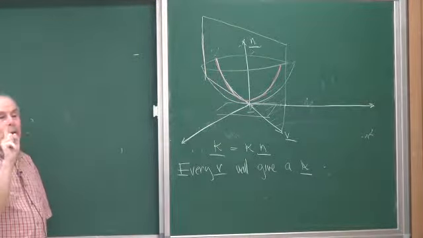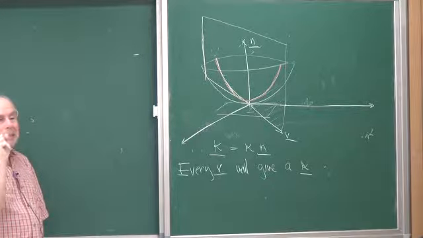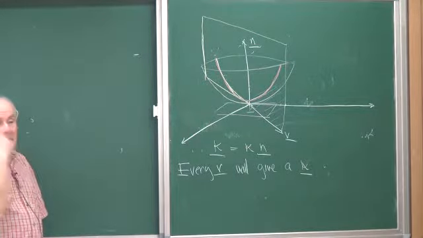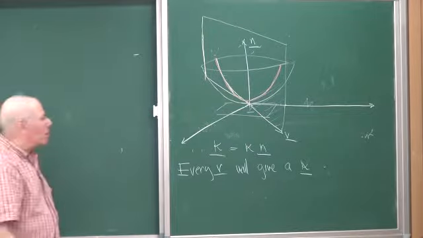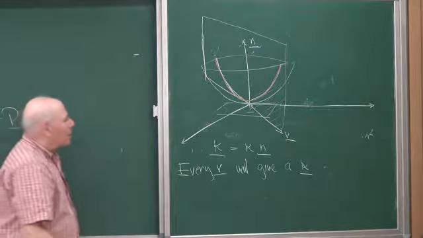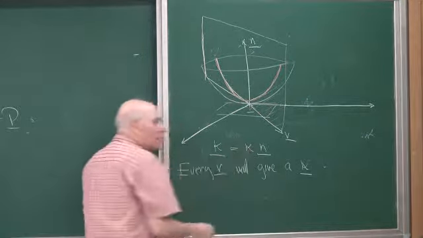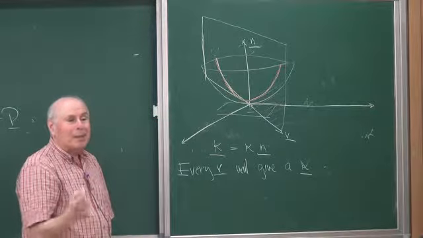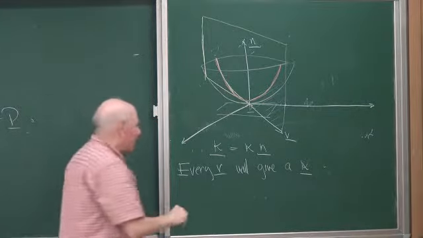So what do we do? Work your way around through all the V's. That means you're going around the unit circle. You'll get a biggest one and a smallest one.